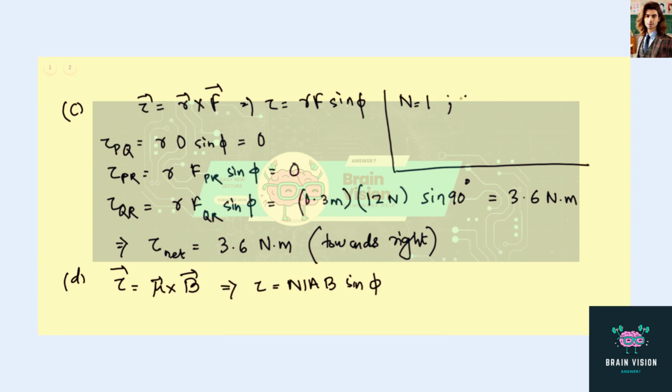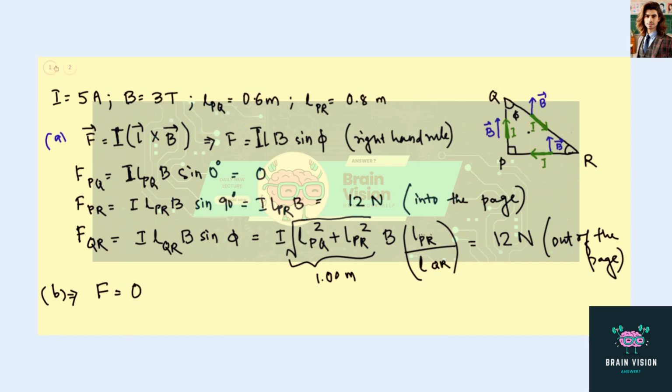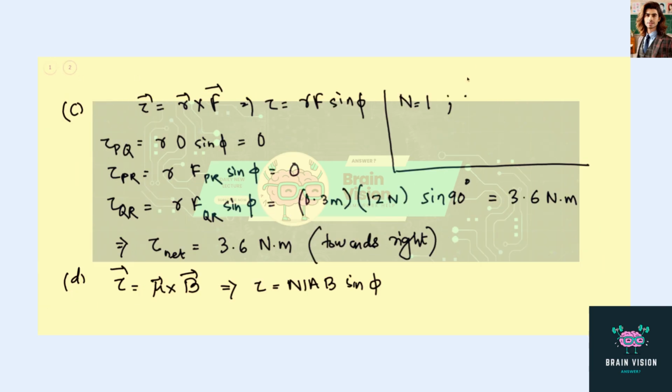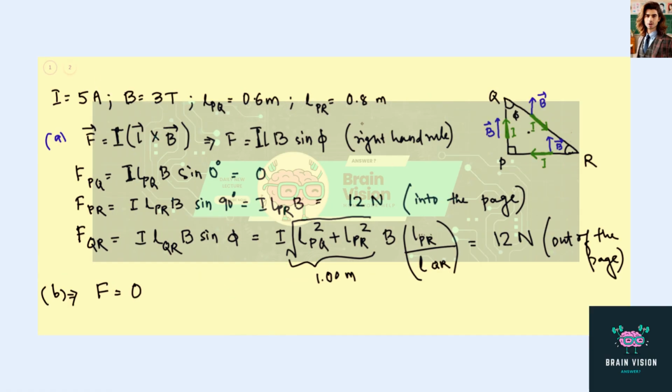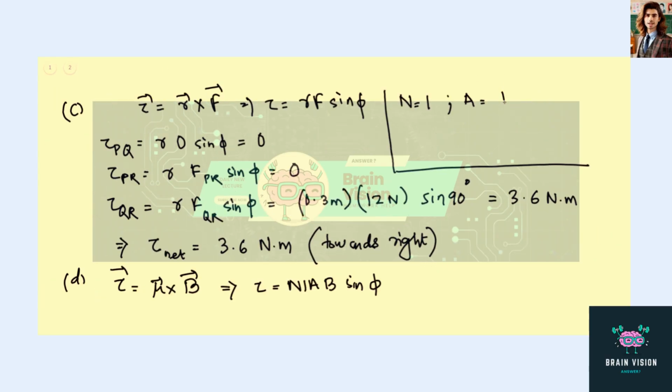I is given to be 5 ampere, which I have written up here. And the area is half of base times height, so area is half times the length of PQ times the length of PR.